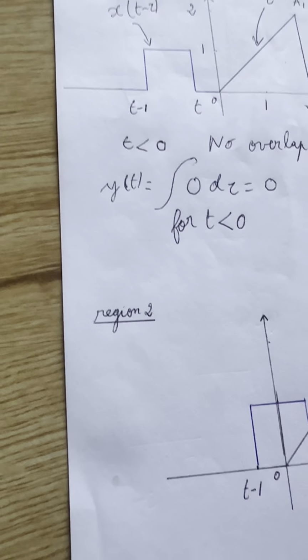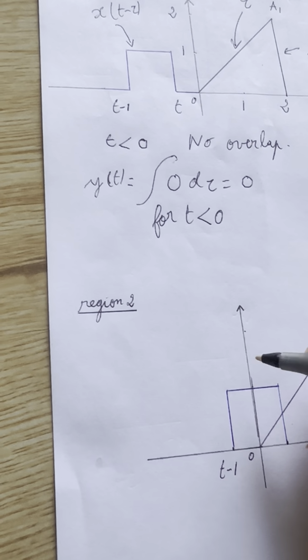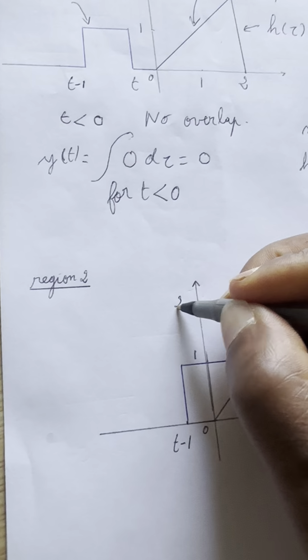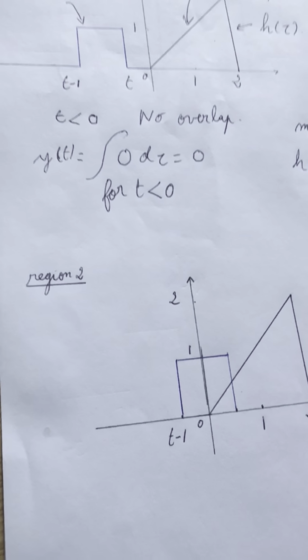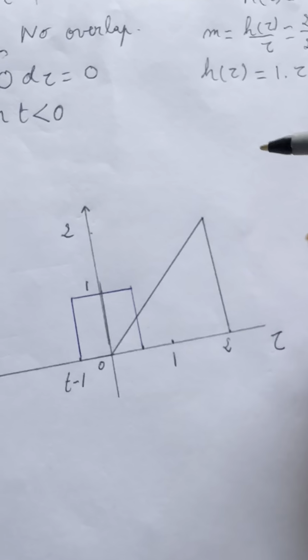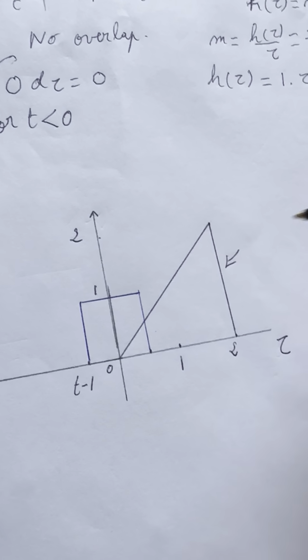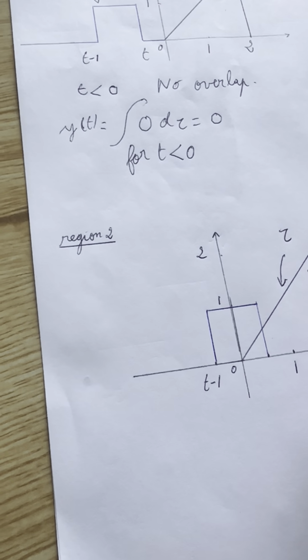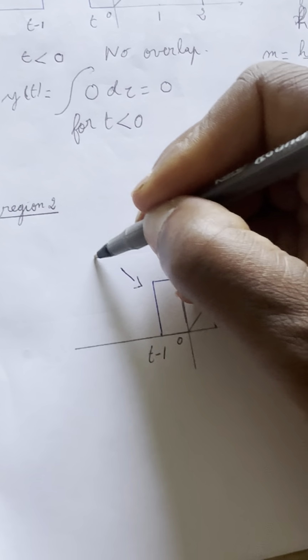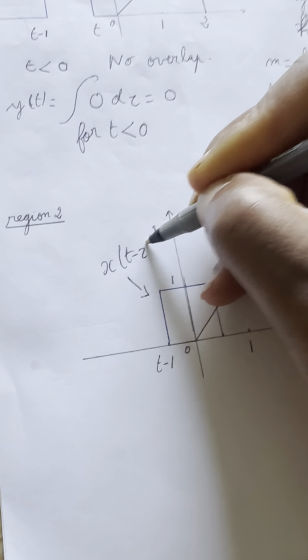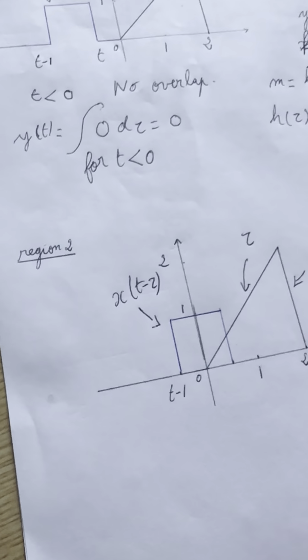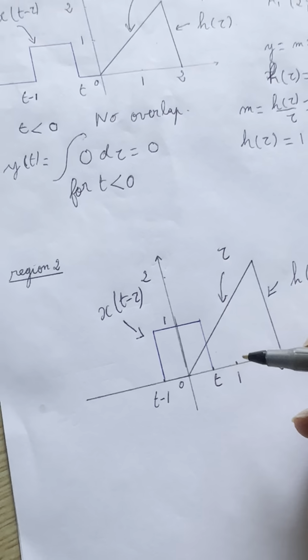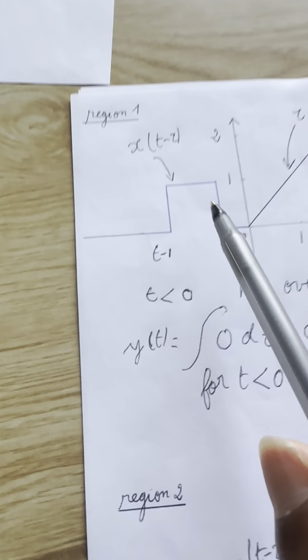Region number 2, we have here 1 and 2, and here we have tau. We have here h(tau), and this one we have tau. So this is x(t minus tau). Okay, we can see here we have a t. Now we flip this graph to the right.